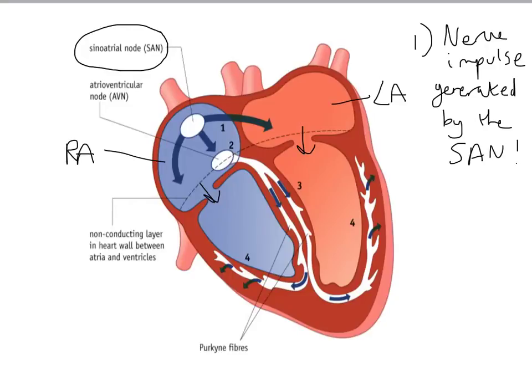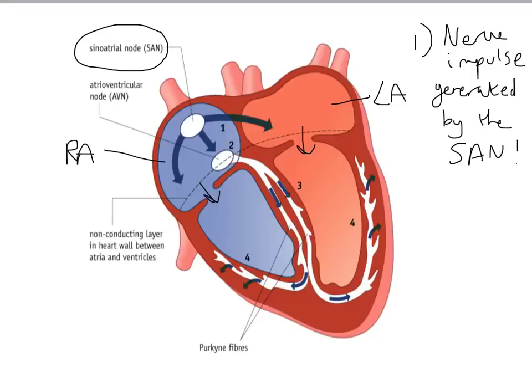Now, I should say that the heartbeat is thought of as being myogenic. What it means is it has an inherent heartbeat within it, as in those cells can initiate that nerve impulse from within themselves. They're not relying on any external stimuli or nervous control.